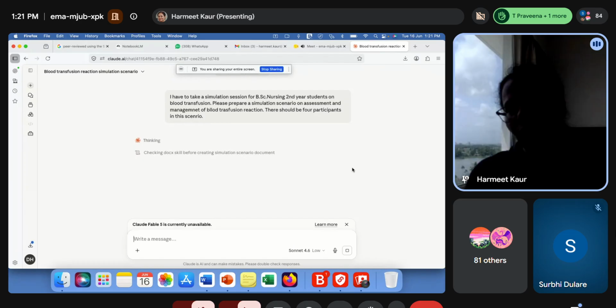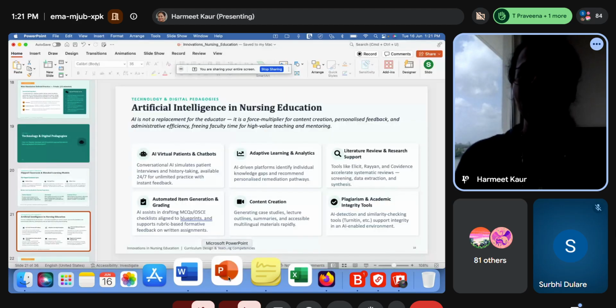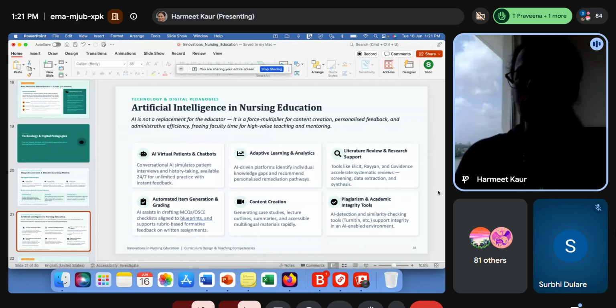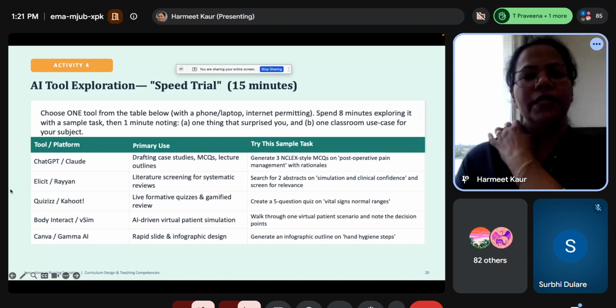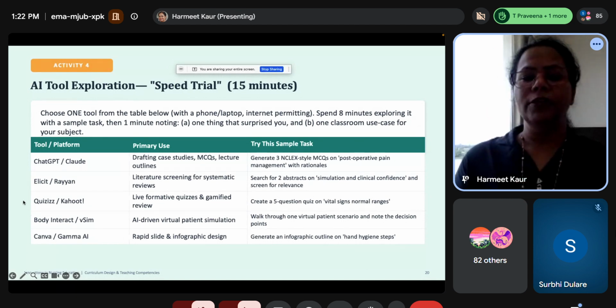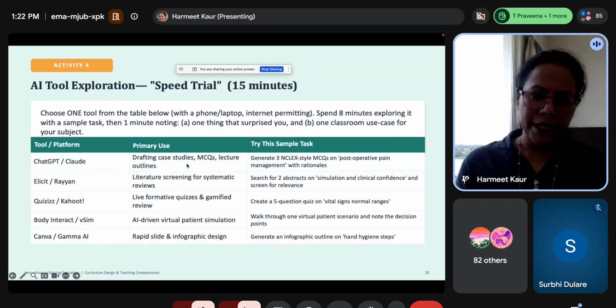In the meantime, I will go back to the PPT. Then we will come back to see the doc skill here. So you can use artificial intelligence in nursing education, even for your assessments. There are different AI tools. You can use ChatGPT or Claude for drafting your case studies.